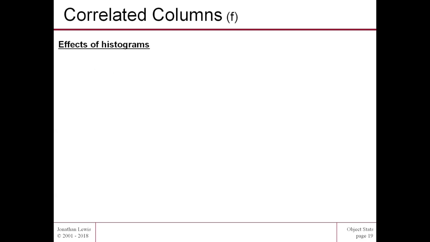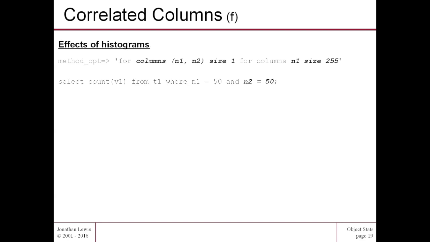Another effect on correlated columns, histograms. Okay, so here I've created my column group. Notice in my method opt here, I've said I want a column group. I'm not bothering with a histogram on the column group. Oh, by the way, N1, one of the columns in the column group, I'll have a histogram on that, 255 buckets. Okay, what happens now?